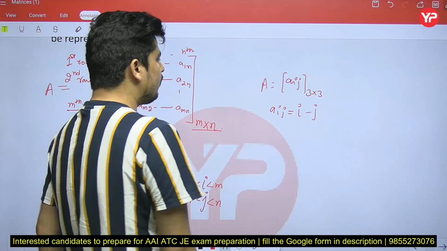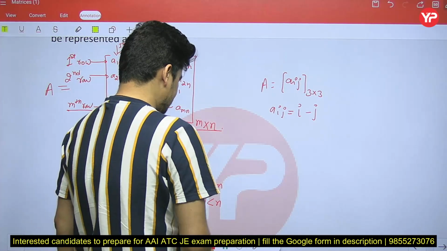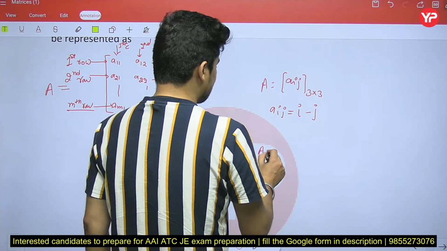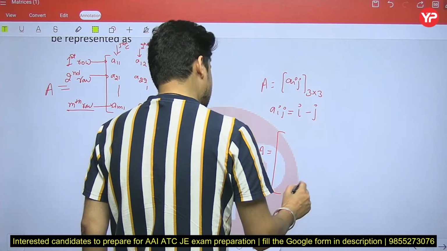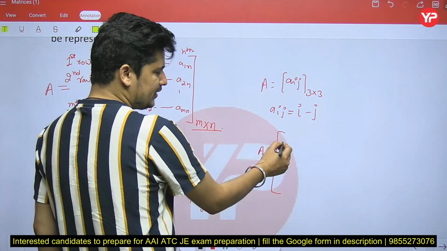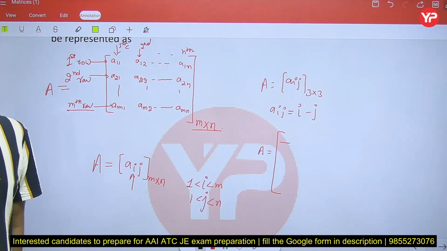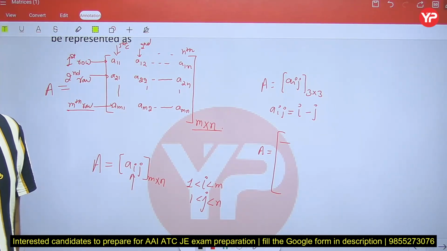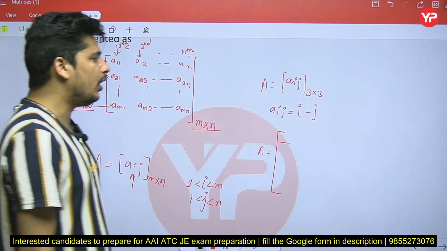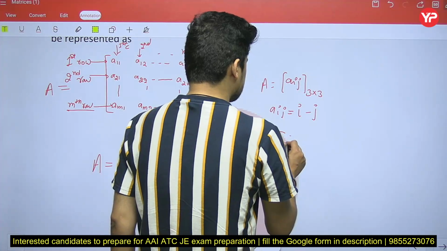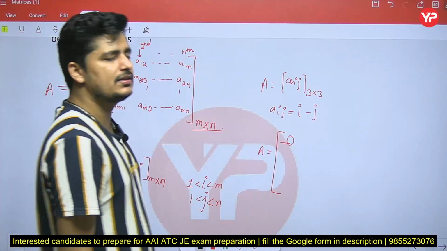And I want to draw the matrix for this. How can we draw it? When you calculate the first element, this represents the first row and first column. So i and j are both equal, which means this element is 0.